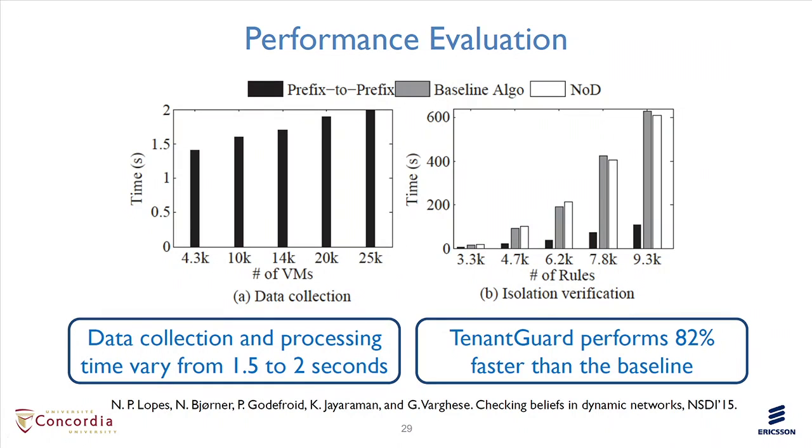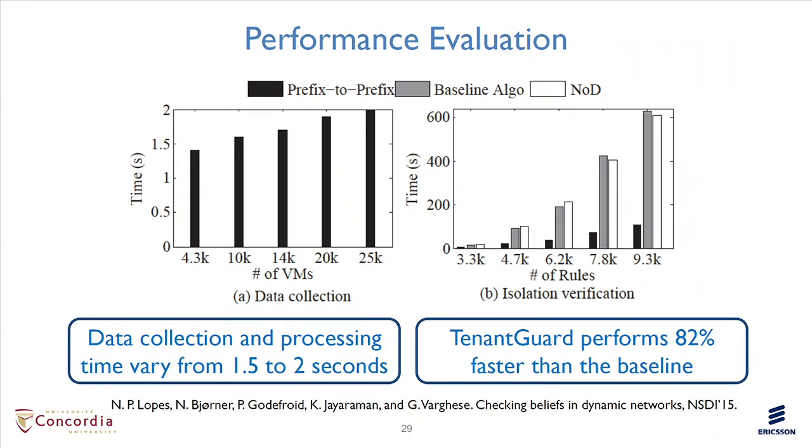Then we evaluate the performance of TenantGuard, where we found that the data collection and processing steps take around 1.5 to 2 seconds. As this is a one-time effort, it seems quite reasonable.